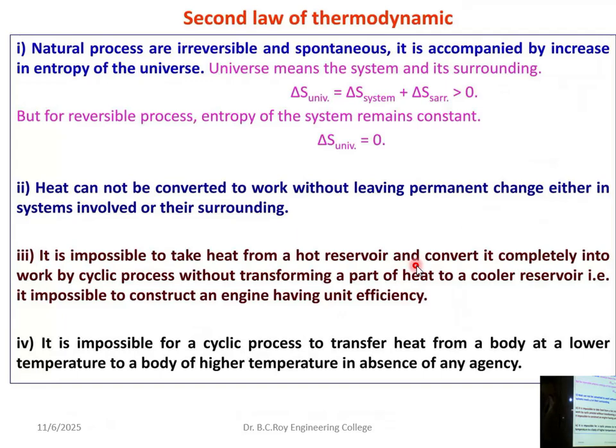So, what I told, dq equal to dU plus pdv. So, divide by T both sides. So, ds equal to cv dT by T plus R dv by v. Integration symbol applied.